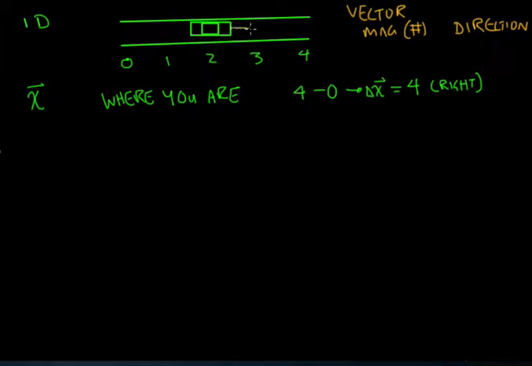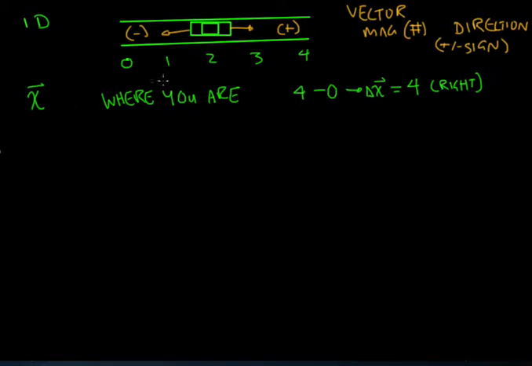It can either move forwards or backwards if it stays on this road. If it stays on this line, in one-dimensional motion, we can have positive motion, or we can have negative motion. And so for 1D, direction is really just expressed via the sign, by the plus or minus sign.